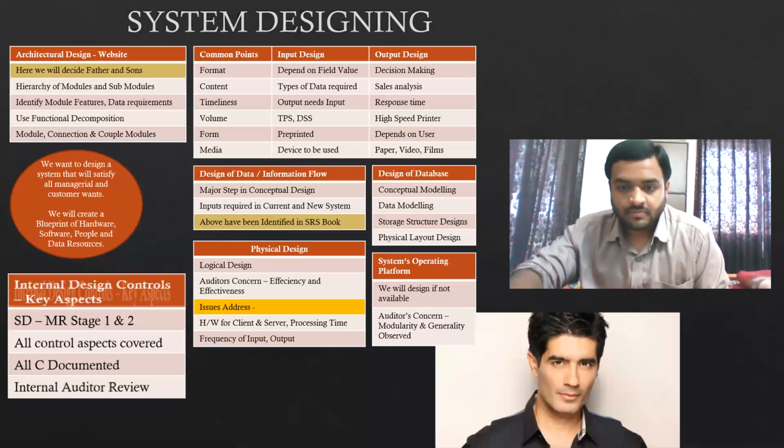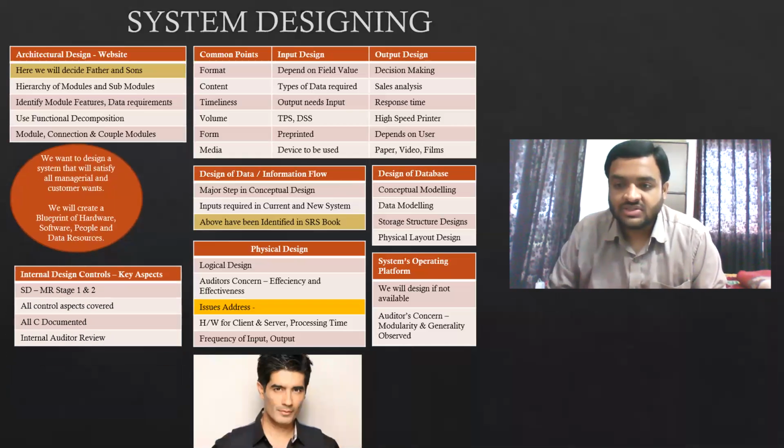See, what we did first was we prepared a blueprint for the website. Then we prepared an input design, how people will enter the data into the website. Then output design, what output the website must give after the students have entered the data. Then when this data has been received by the website, how processing will be done?